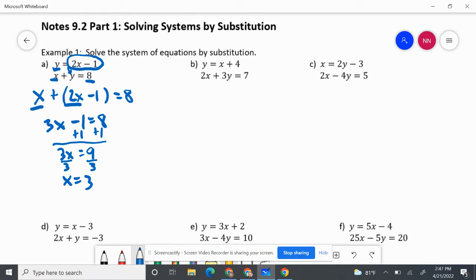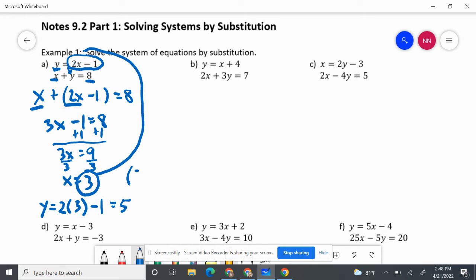What I'm going to do is take this 3 right here and put it into the equation right here. So that means I'm going to replace the x with the 3. So what I have is y equals 2, and then instead of an x, I'm substituting in a 3, minus 1. 2 times 3 is 6, minus 1 is 5.